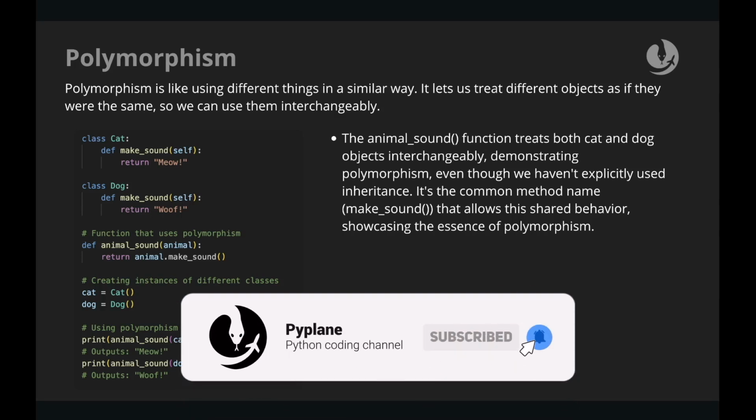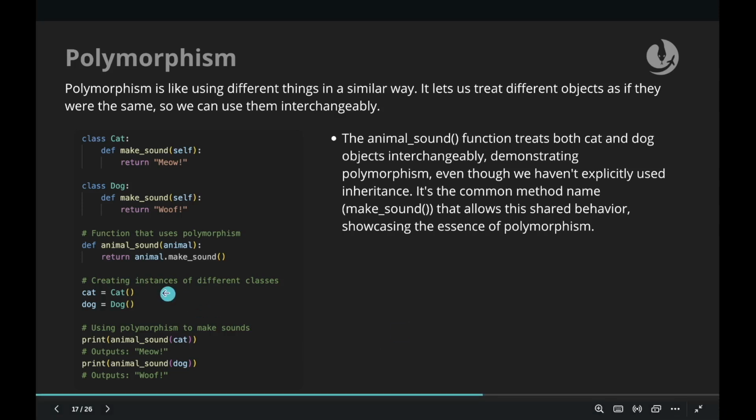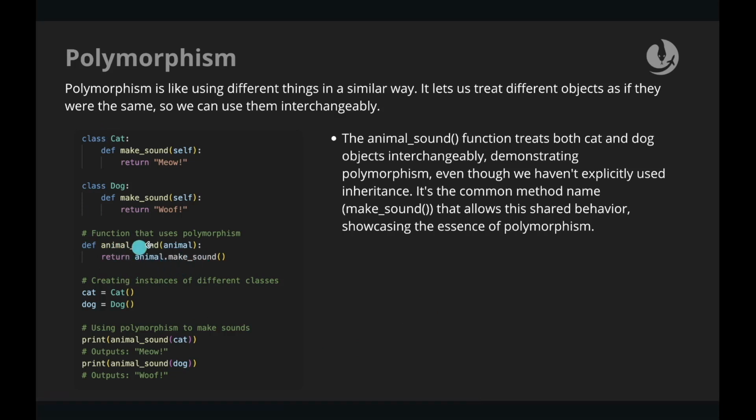And we have two classes, cat and dog, and both have a make sound method. So here we have a function below those classes. We have a function which takes in an animal and calls this make sound method on the animal.